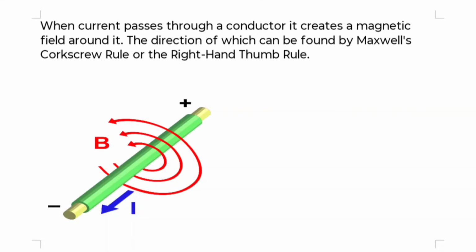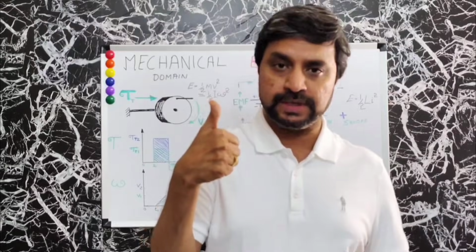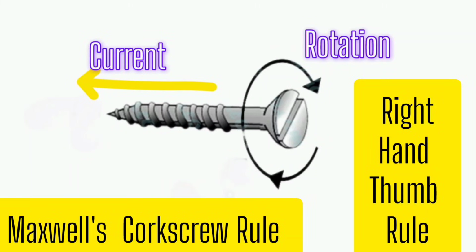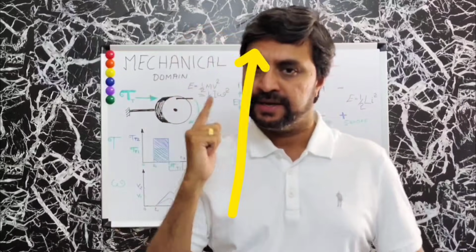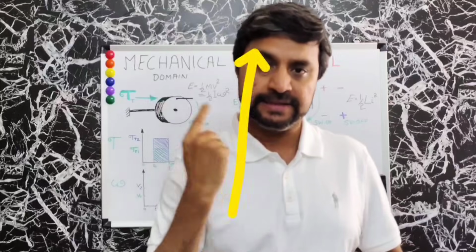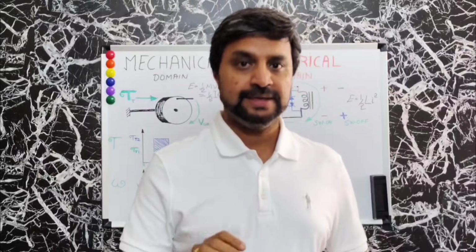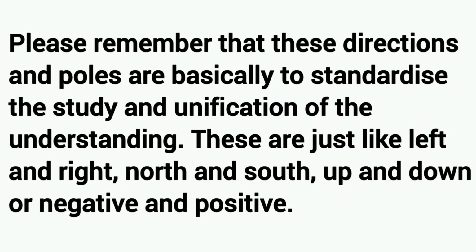When current passes through a conductor, it creates a magnetic field around it, the direction of which can be found out by Maxwell's corkscrew rule. If the current is in this direction, the magnetic field created will be in this direction. Please remember that these direction poles are basically to standardize the study and unify the understanding. These are like left and right, north and south, up and down, and negative and positive.